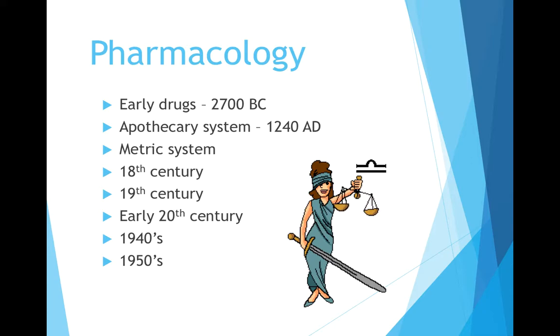As we move through the ages, in 1240 AD, we saw the development of the apothecary system, and some of these measurements we still use today, including grains, which are how we measure the aspirin compound. We then began to see the metric system coming into use, and this is the international measure that's still used today. And you know that because of the drug calculations done using the metric system, milligrams, micrograms, etc.